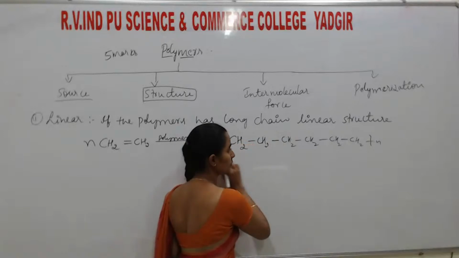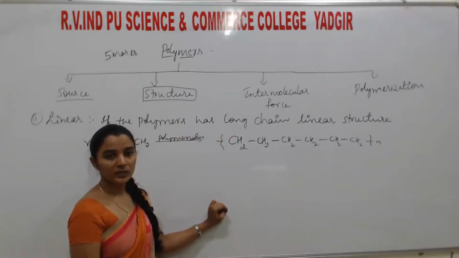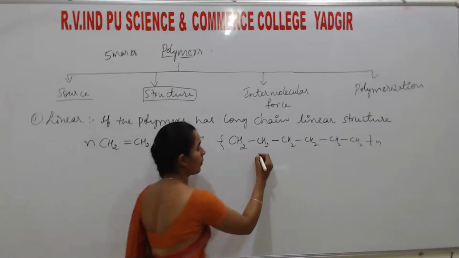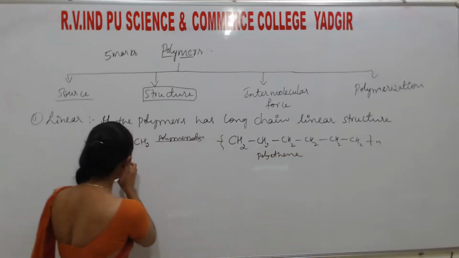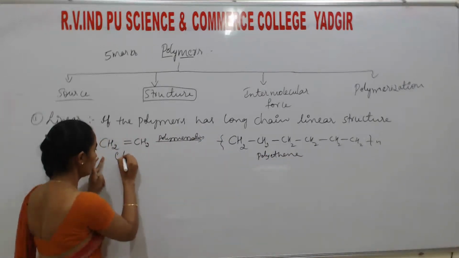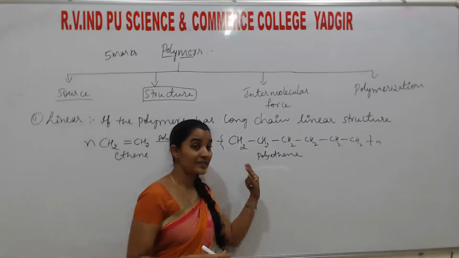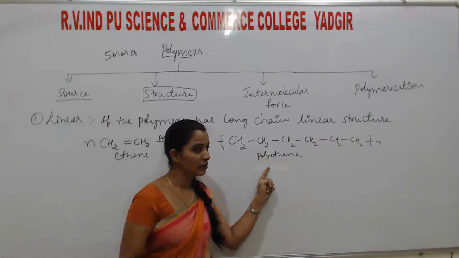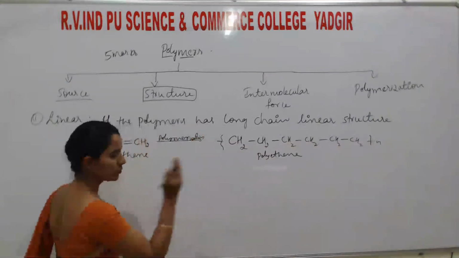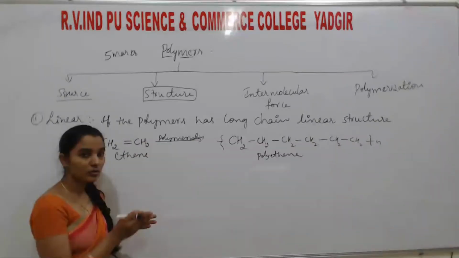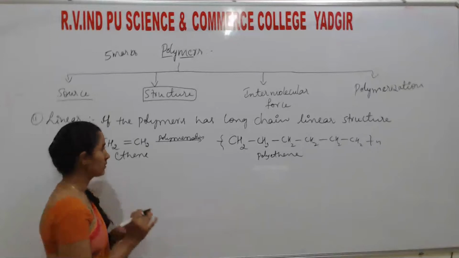All the CH2 groups are in a linear form. So this one is polythene. Why is it polythene? Ethene is the monomer unit, repeated many times. Poly means many, so many ethene molecules make polythene. If styrene, it is polystyrene. Next.